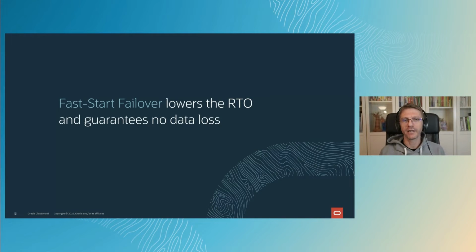We use fast start failover for that. Fast start failover is a configuration where we introduce an additional element in the DataGuard configuration, the observer. The main duty of the observer is to verify the configuration, and whenever the primary database is not available, it does an automatic failover to the standby database.